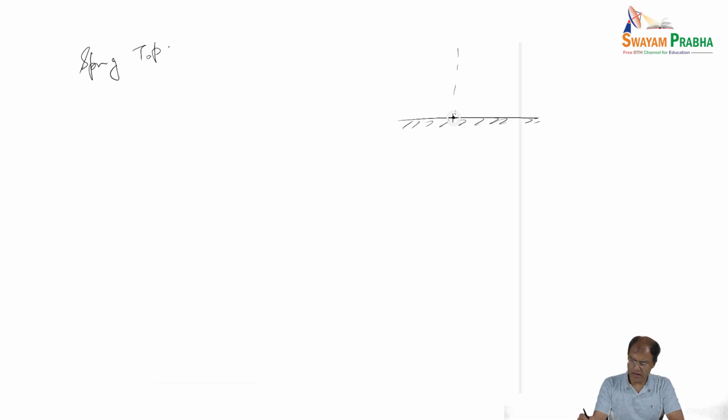So what we have is a spinning top. Suppose the spinning top has this, this is the top here, and of course this is the center of mass of the top.